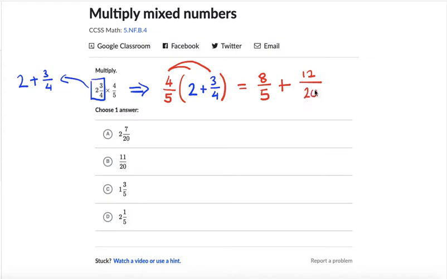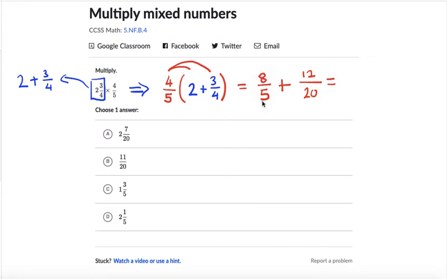At this point, what we really should do is convert these to common denominators just for the adding, because that's the process for adding fractions.